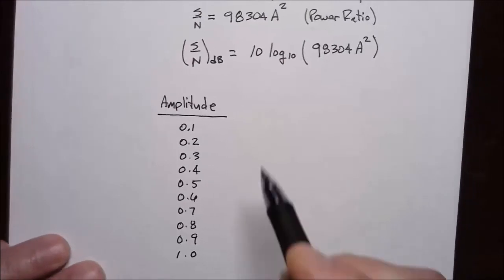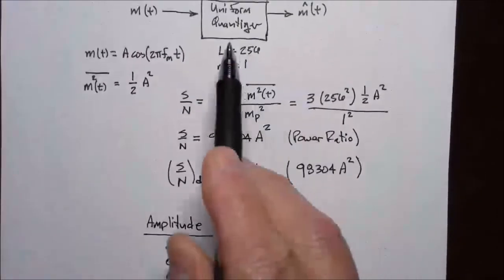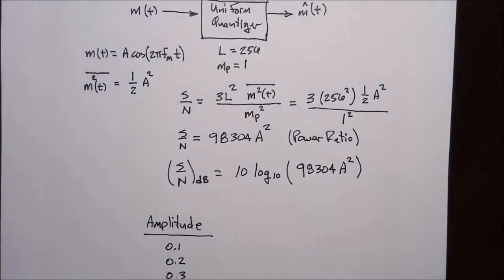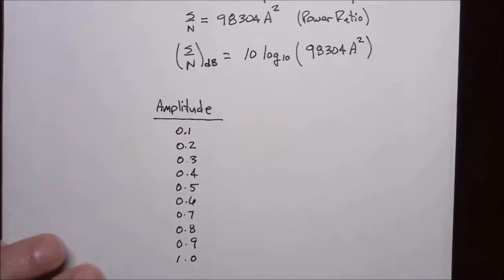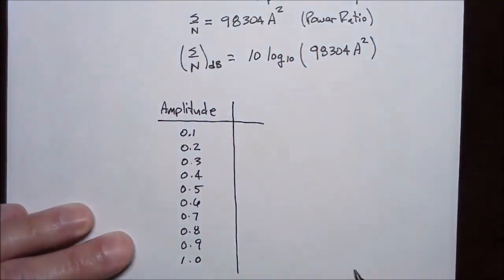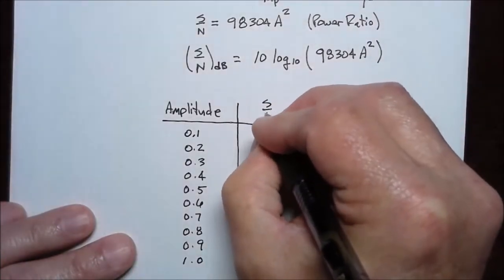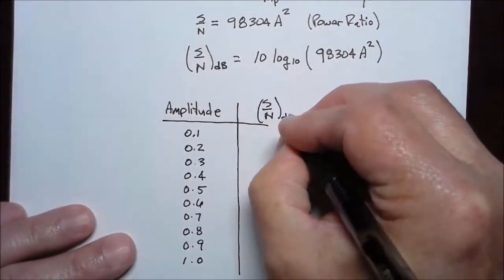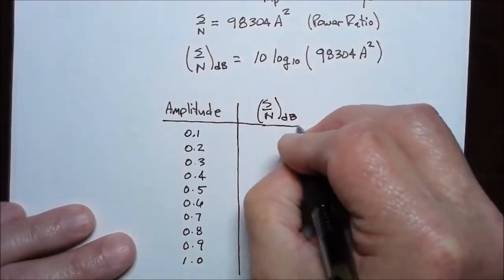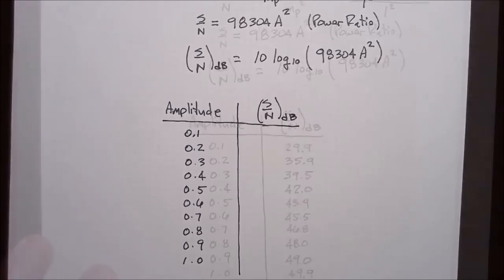We'll have it range from 0.1 all the way up to 1.0, which matches the peak input range of the digitizer. And for each of these amplitudes, we can determine the signal to noise ratio in decibels. I'm going to stop the recording and go do that, so you won't have to be bored watching me punch numbers into my calculator.